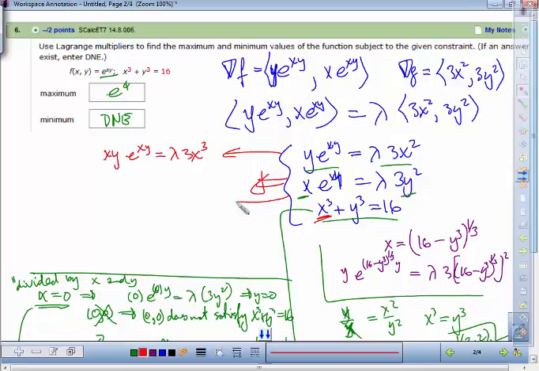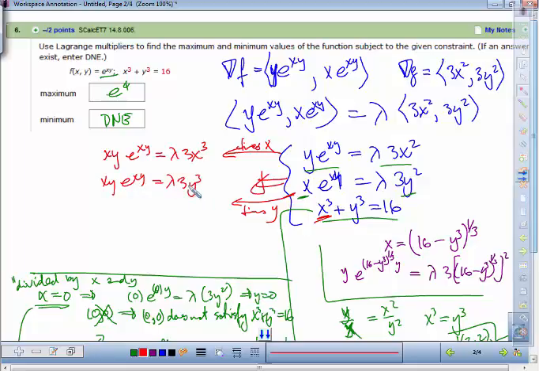And then I'll multiply this by y. If I multiply this second equation times y, I'm going to get xy e to the xy is equal to lambda 3 times y cubed.